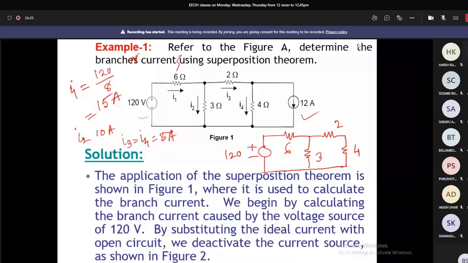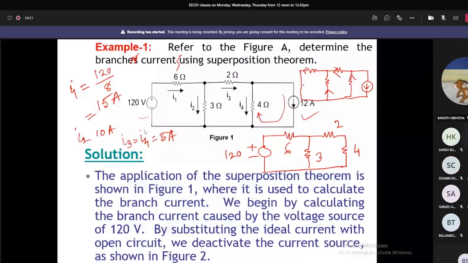I4 direction will change, I3 will change, I2 will change, I1 will also change. Agree? Because the polarity has changed, the current will flow in this way when you are not considering the 120 volt source. I have replaced this 120 volt source by its internal resistance, which is 0, so I have shorted the terminal. Now all the polarities have changed. So accordingly, you have to calculate the current through this circuit.